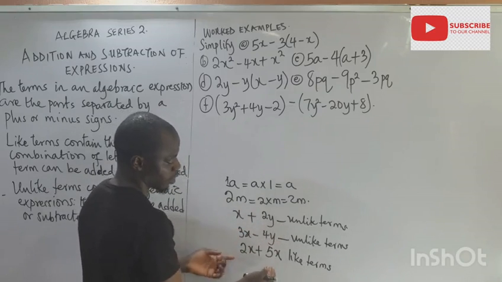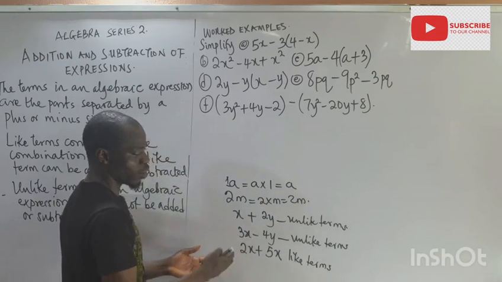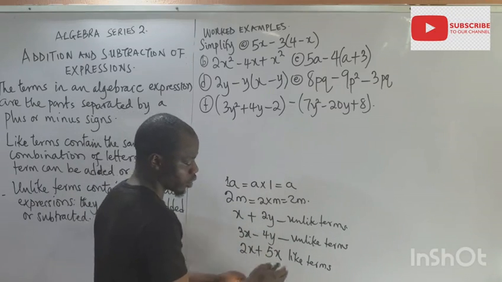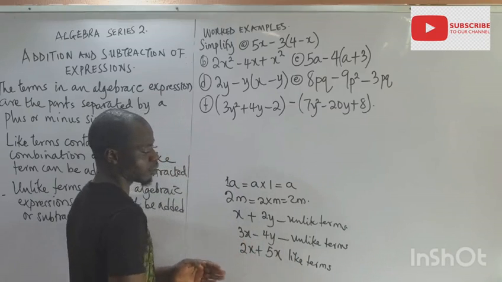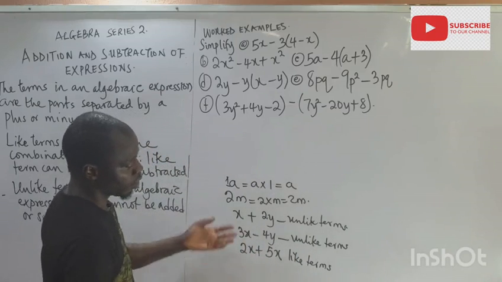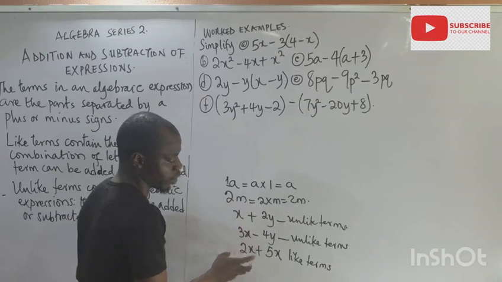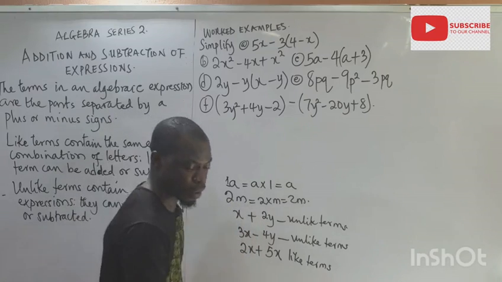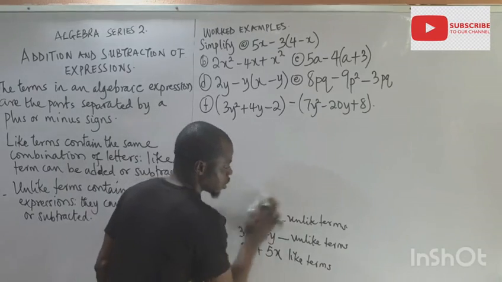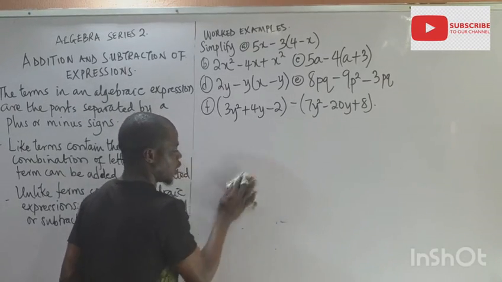These are unlike terms and these are like terms. So let's see what we are going to look at when you are solving questions with like terms and unlike terms. And we are going to consider the following questions here to justify how to tackle or how to explain the concept of addition and subtraction of expressions. So let's see what we have in our question here.